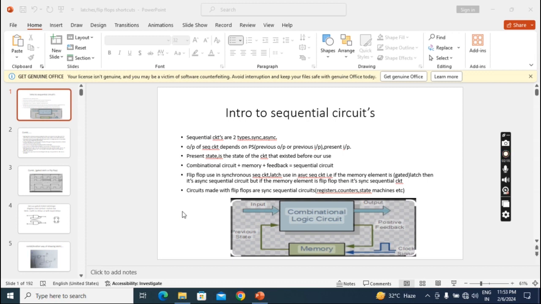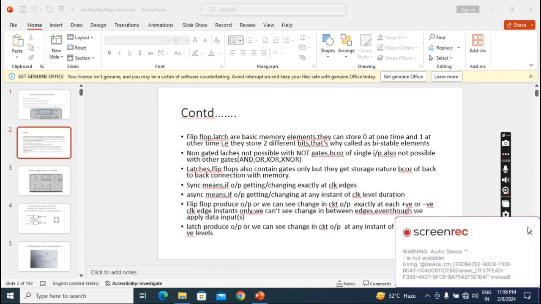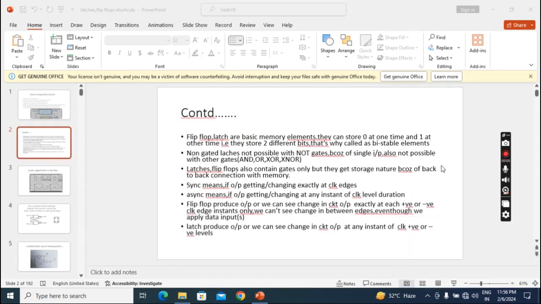For example, registers, counters, state machines, these all are synchronous sequential circuits. So we are using memory elements in sequential circuits. That memory element can be a gated latch or a flip-flop.